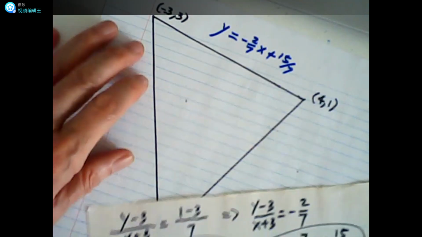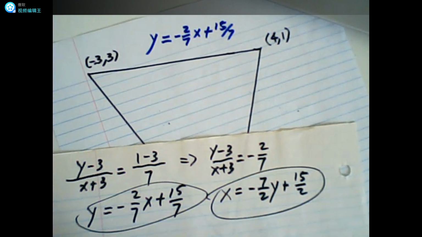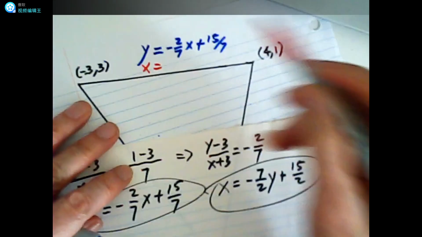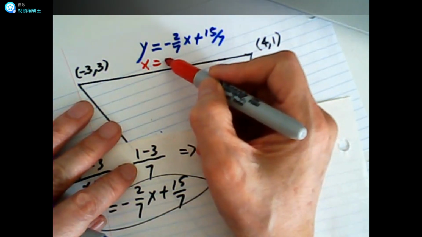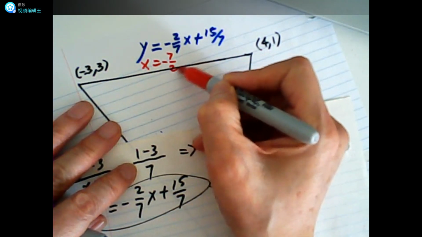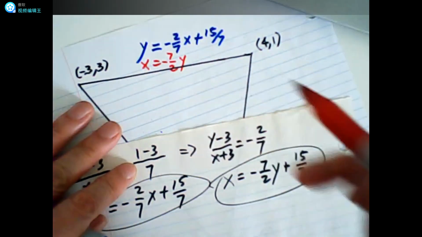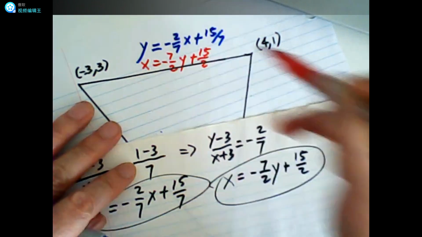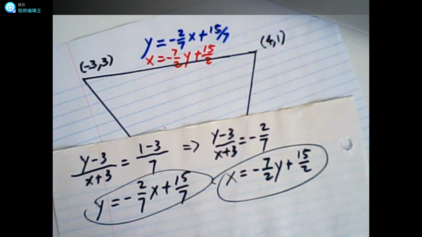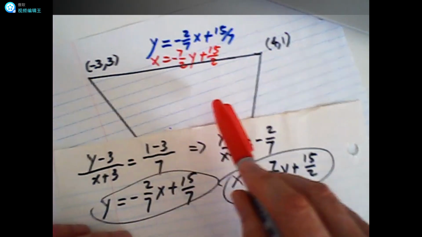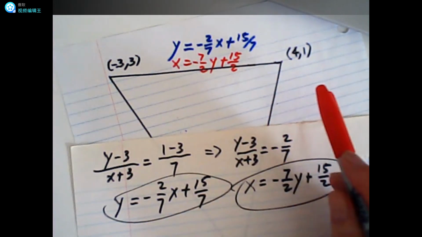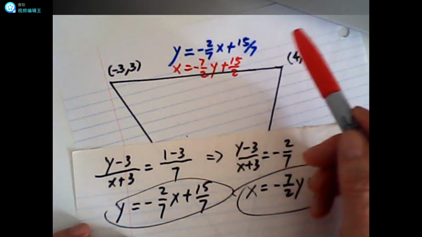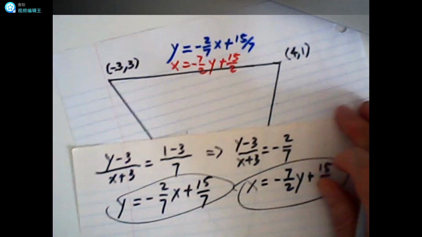And similarly, in a different color, we can write x is equal to minus 7 over 2 y plus 15 over 2. So in other words, I can express this line as y in terms of x or x in terms of y.